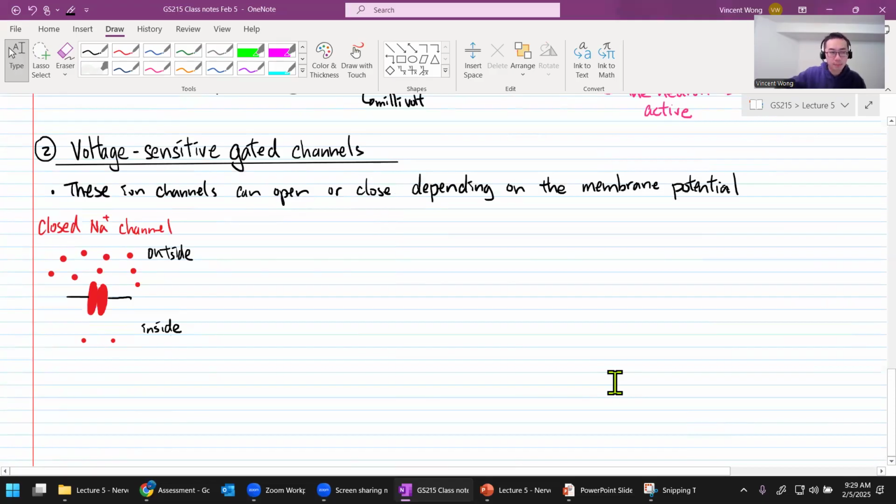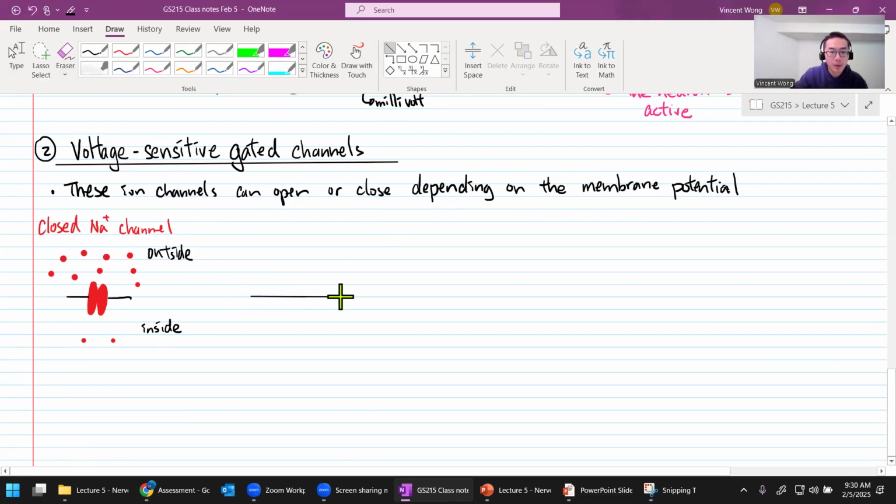So naturally, the sodium wants to come back in, because things naturally go from high concentration to low concentration. They're like, oh, stop sending us out. It's so crowded here. I want to go back in. But they can't because the sodium channels are closed. There's no way to go through. They can't go through the membrane because the membrane blocks charged particles. But they want to go back in. So how do they go back in?